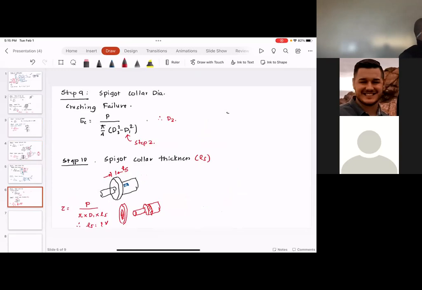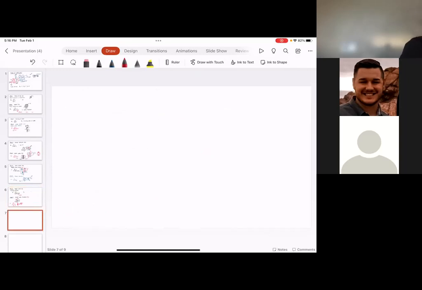So these are the important steps in cotter joint. There is one last step which I want to discuss, which is we have to check cotter for bending. So last step, step 11, check cotter for bending.